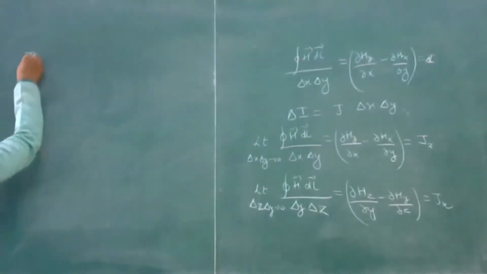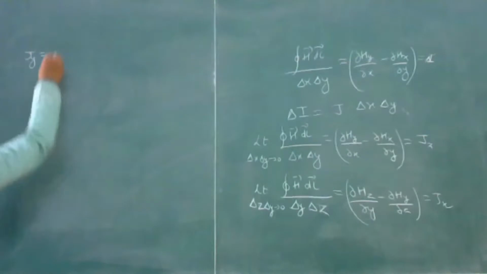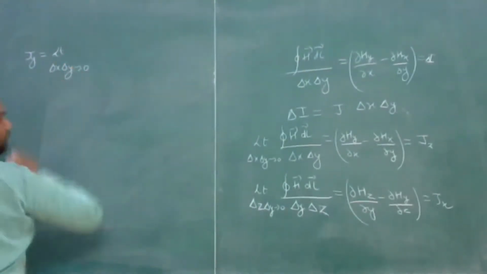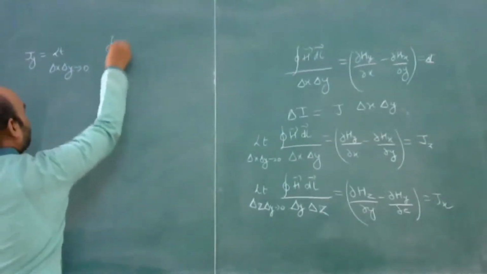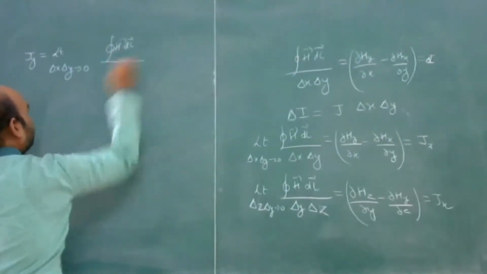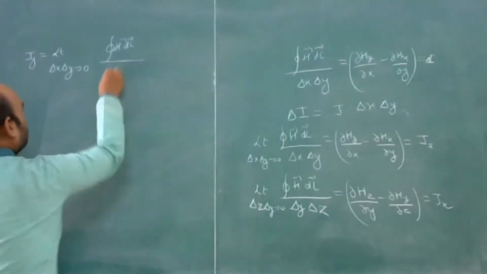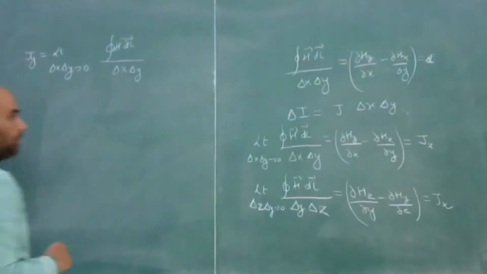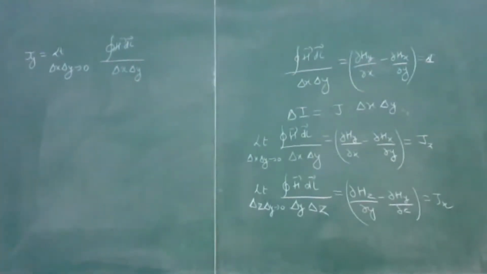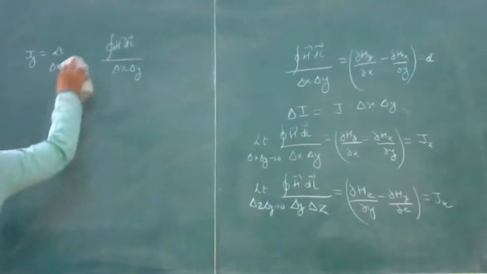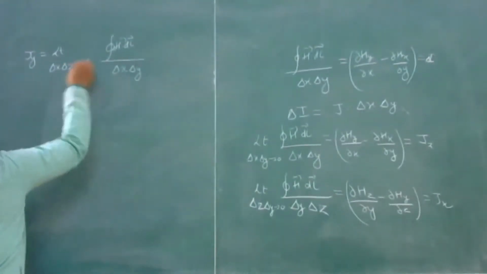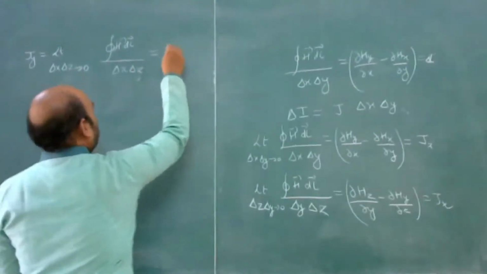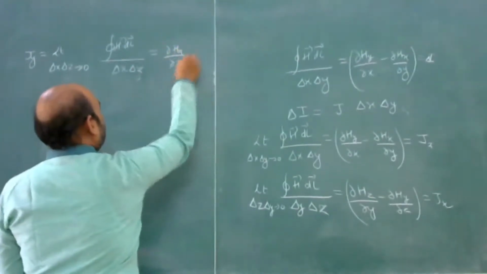Jy will be equal to limit delta z delta x tends to 0, closed line integral H dot dl divided by delta z delta x. So this will be del Hx by del z minus del Hz by del x.